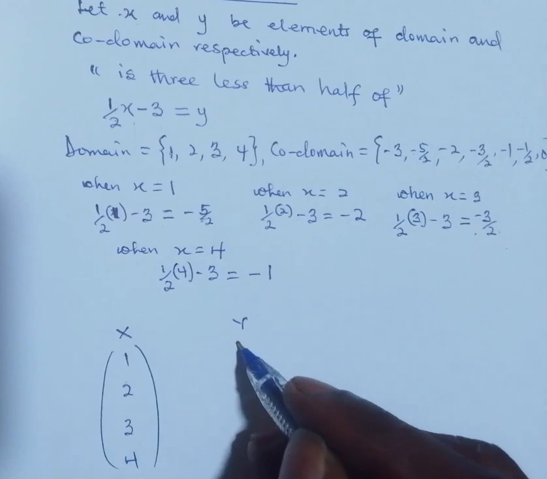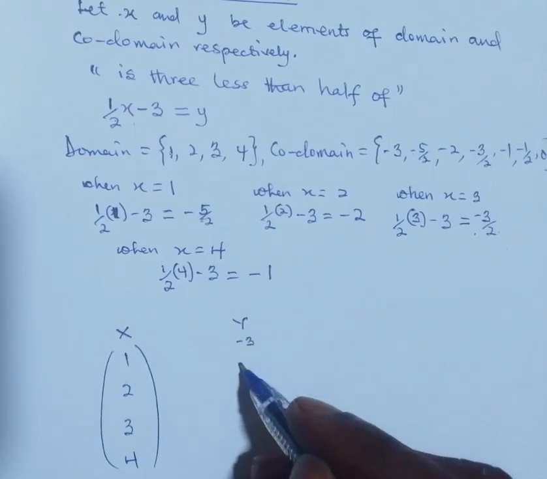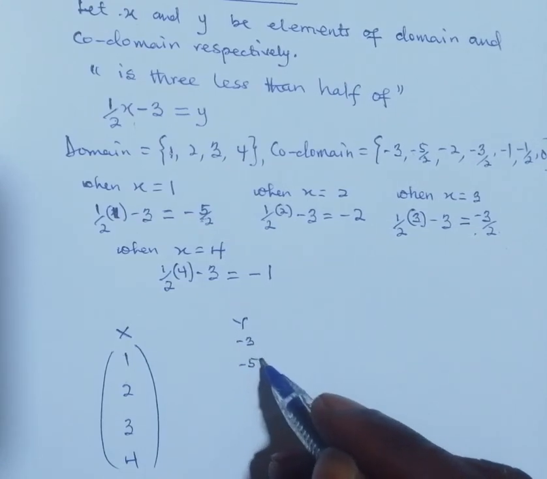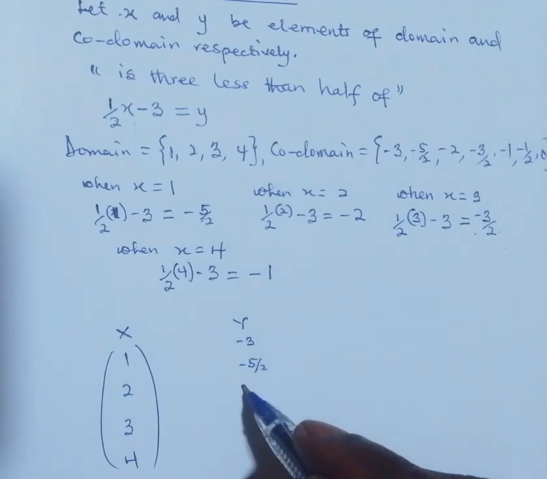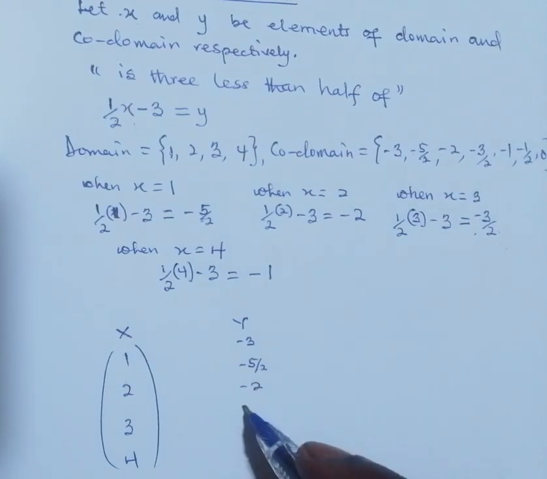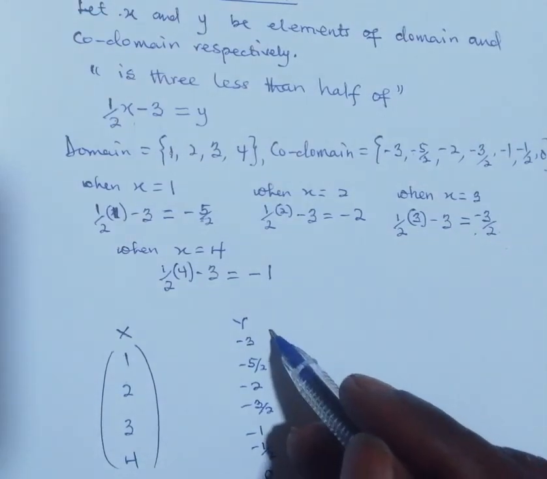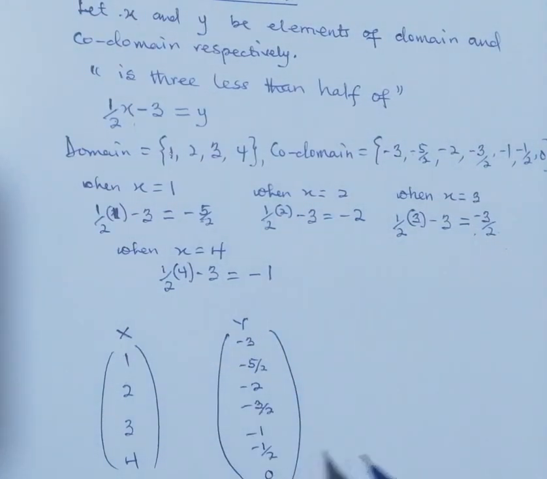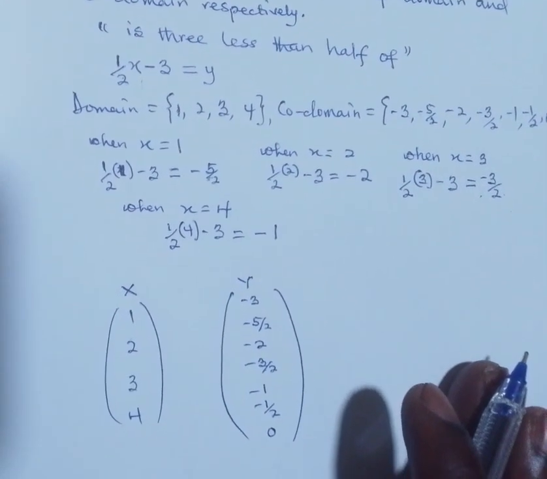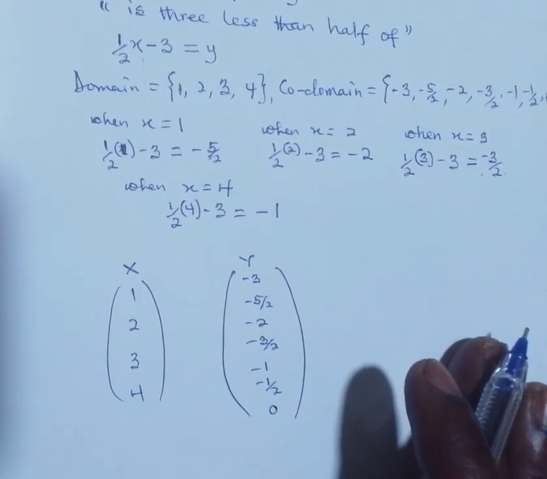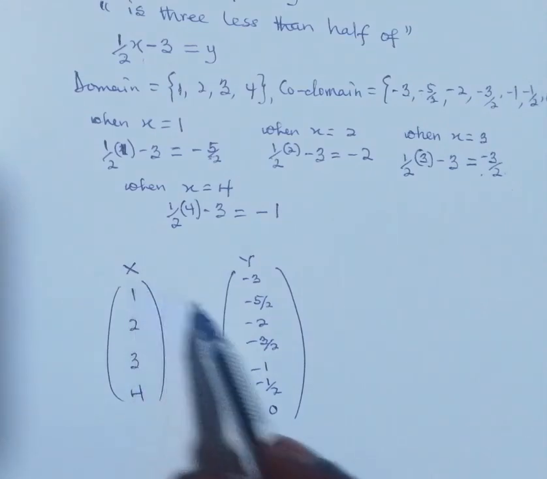I will have -3, -5/2, -2, -3/2, -1, -1/2, and then 0. So these are also my codomain. Okay, now let me match them.